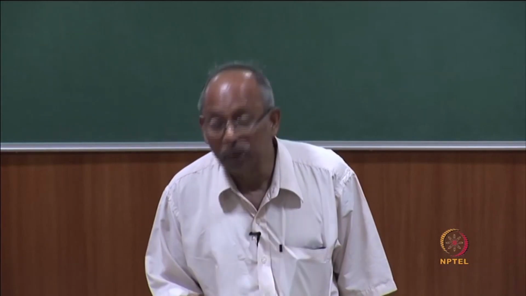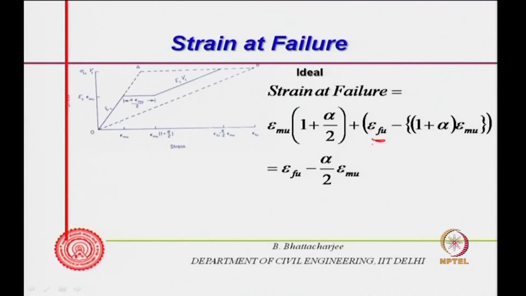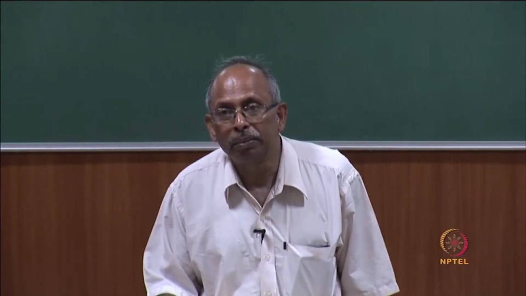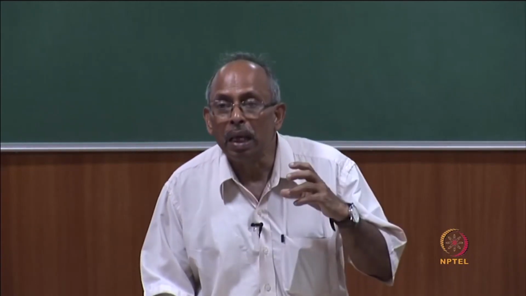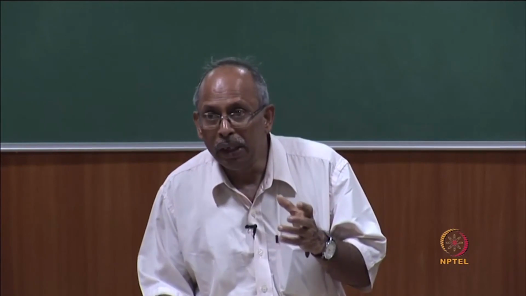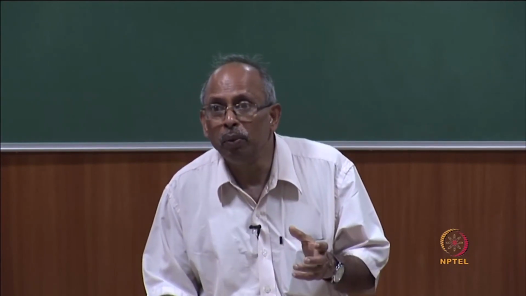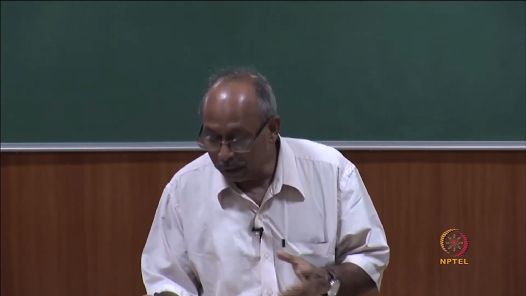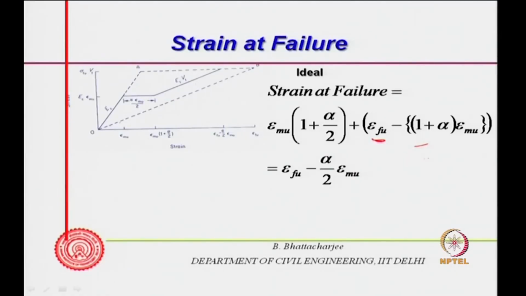Then we have seen that it is equal to epsilon Fu minus Ec epsilon mu divided by Ef Vf, and that we have derived just now as 1 plus alpha into epsilon mu.